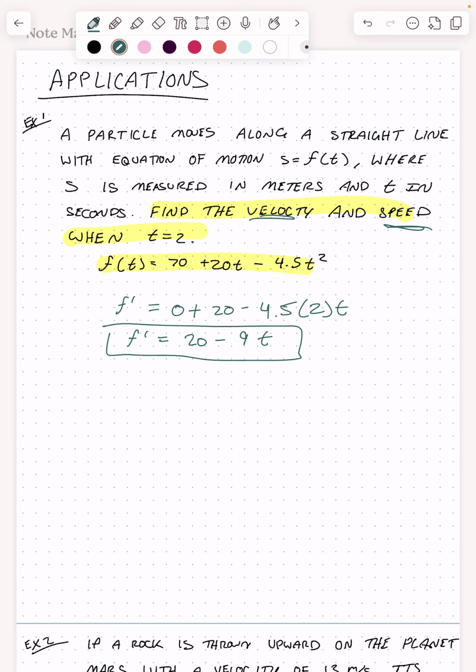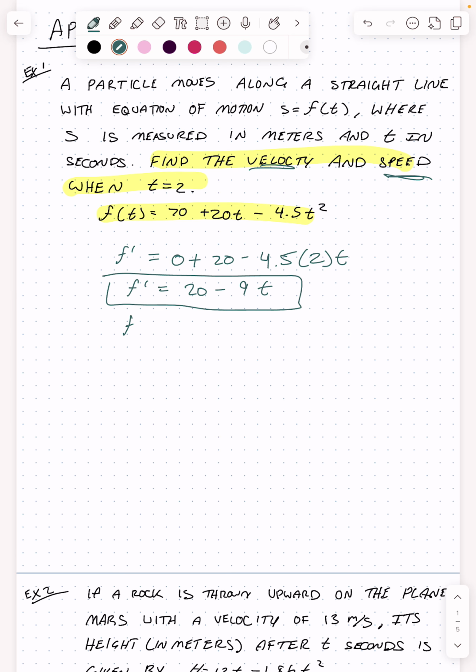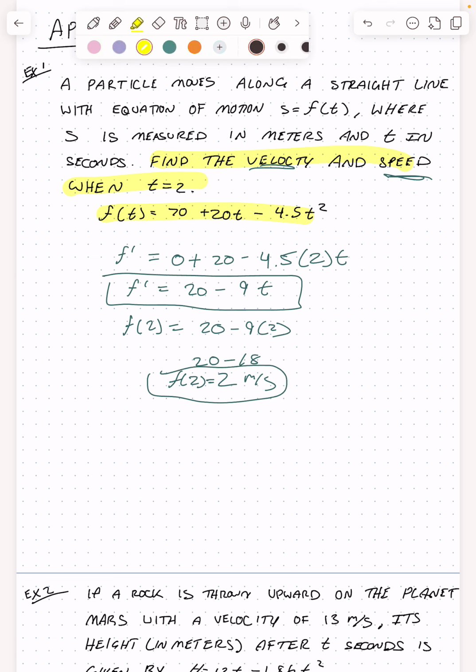But the question is when t equals 2. So all we're going to do is plug in 2 for t and solve. We get 2. So the velocity when t equals 2 is 2 meters per second. So that is our first answer.